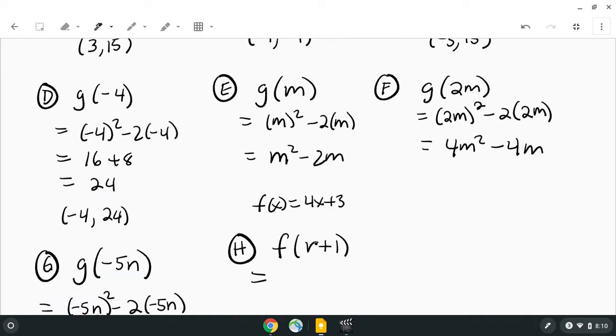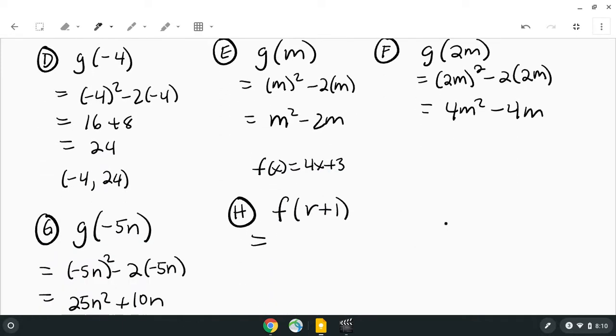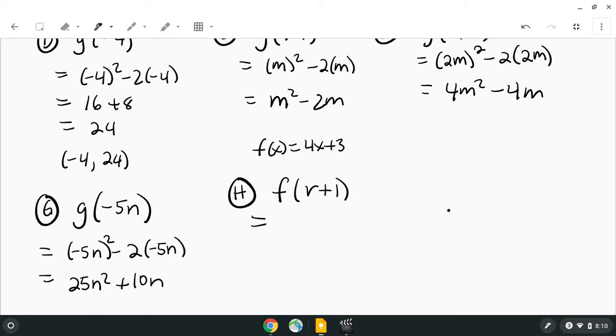So now I'm going to replace that x with r plus 1. And I can simplify this by using the distributive property. 4r plus 4 plus 3, and I get 4r plus 7.